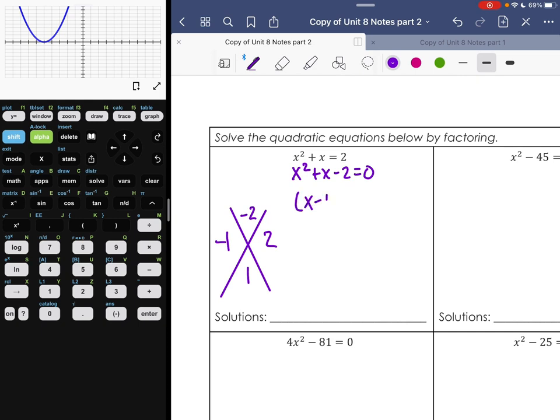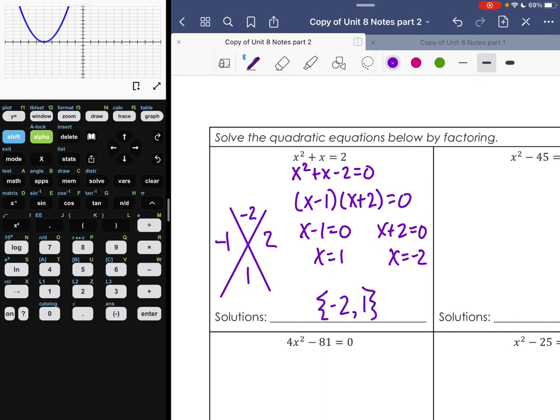So we're going to have x minus 1 and x plus 2 equals 0. So for x minus 1 equals 0, x is +1, and for x plus 2 equals 0, x is -2. So that's our solution to that.